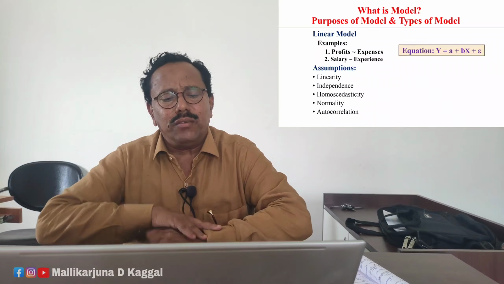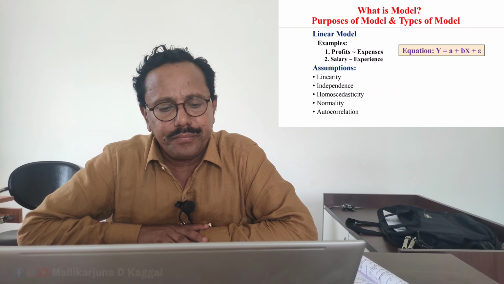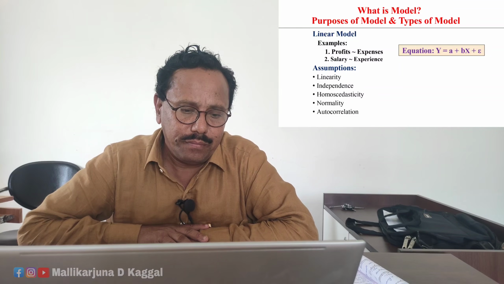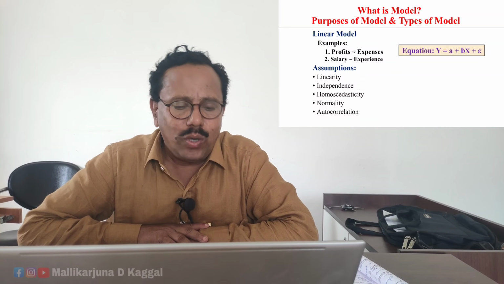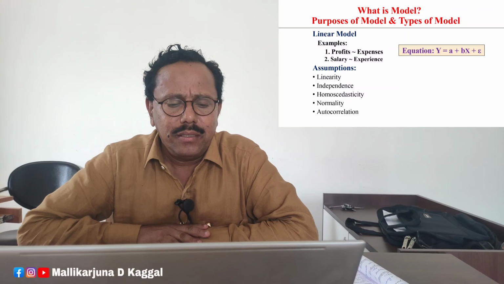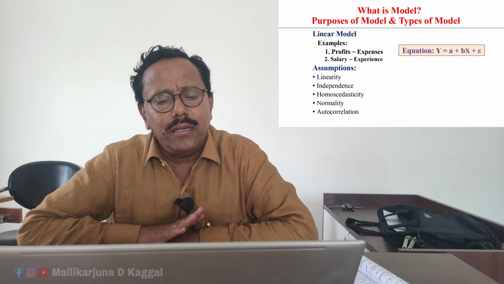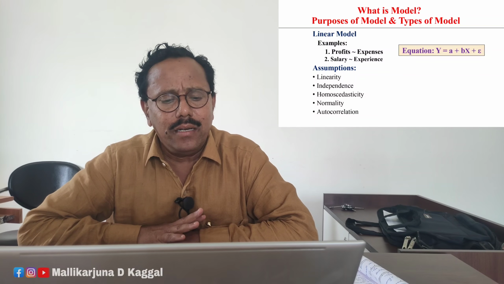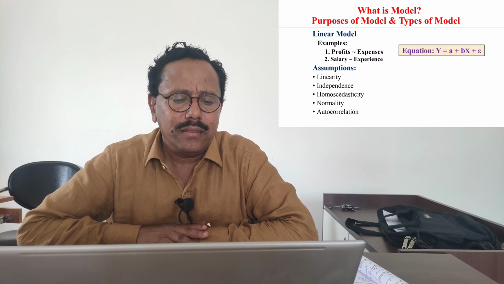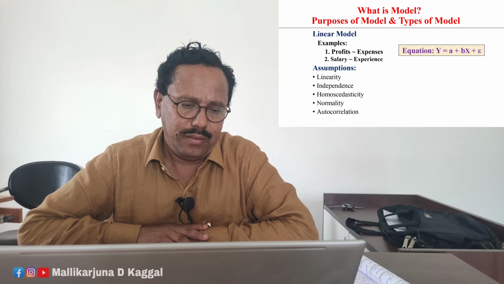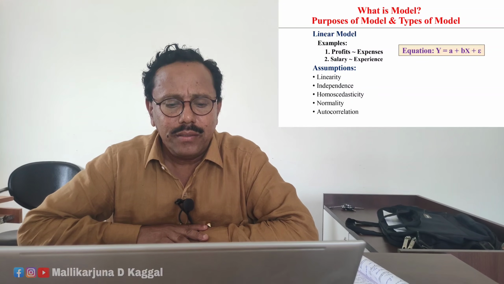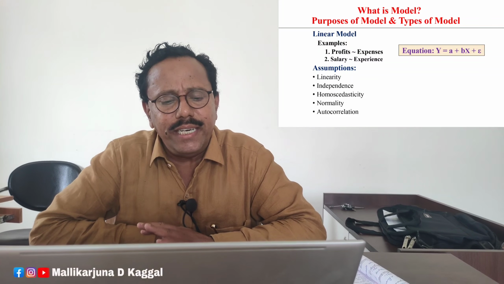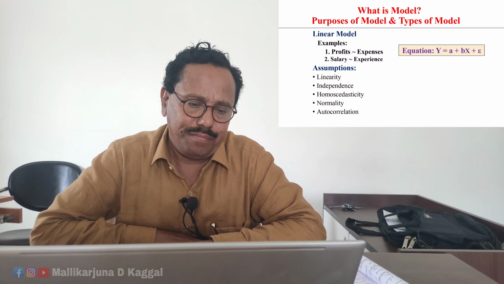One more, the fourth assumption we have, is called normality, whether your data is normally distributed or not. What is normality? Very simple. Normality you get when the mean, median and mode of the data are the same. When you calculate the mean, the median and the mode of the data, they are almost the same.